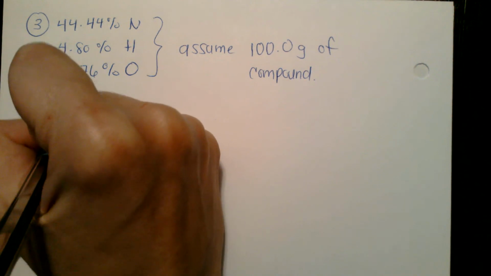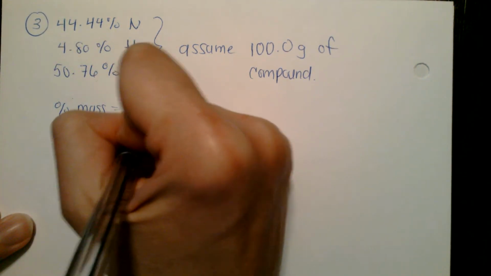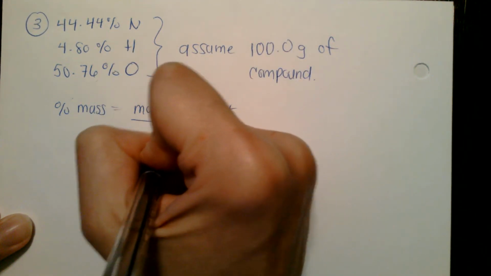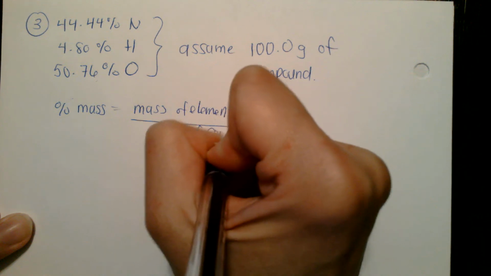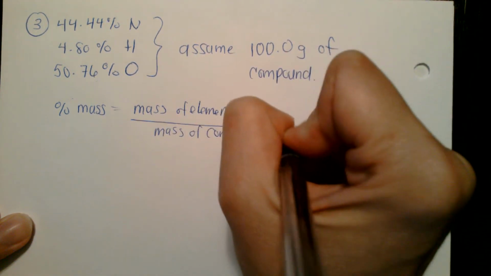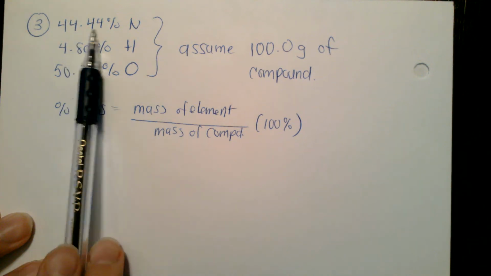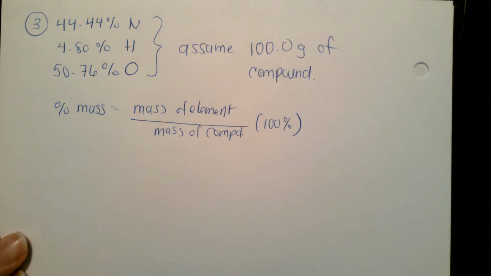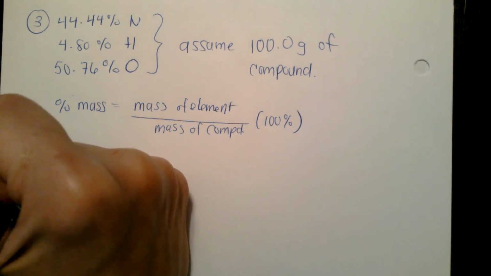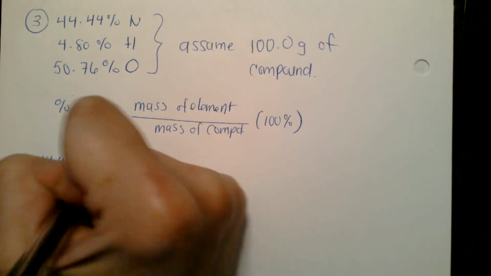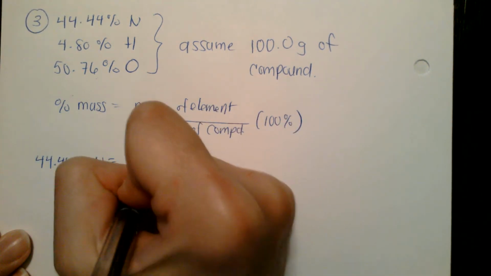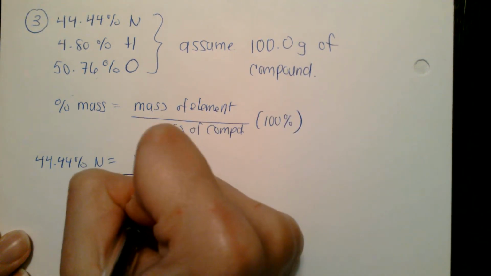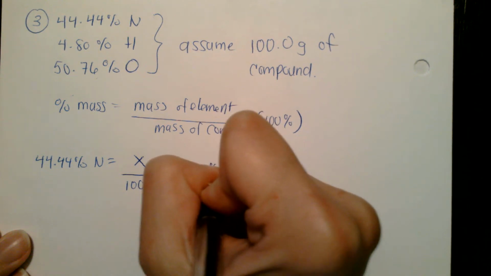So recall that percent by mass is equal to the mass of element divided by mass of compound times 100%. Okay, so we're going to use our percents here. If we assume we have 100 grams of the compound, we can solve for the mass of our element. So we'll have 44.44% nitrogen equals mass of nitrogen, we'll call X, divided by the mass of the compound, which we assumed was 100 grams, times 100%.